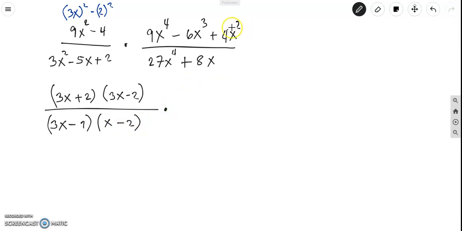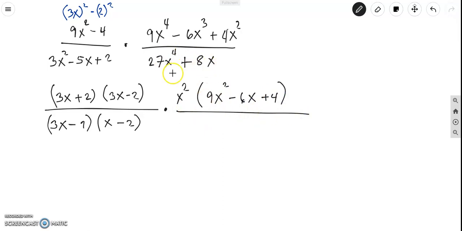Next, times factor out x squared times 9x squared minus 6x plus 4, all over the cube.